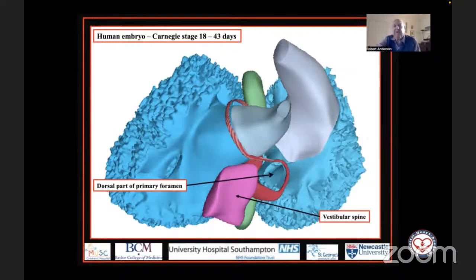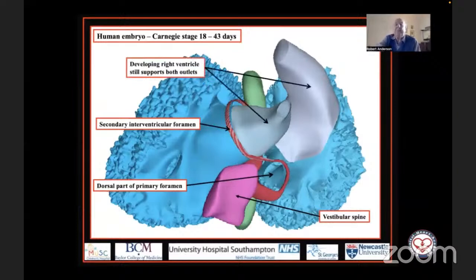It is marking the ventricular inlet. The remainder of the ring is surrounding the persisting part of that primary foramen which is now giving us the outlet for the developing left ventricle. Because at this stage, the left ventricle still does not have its own inlet. Both of the inlet components remain supported by the developing right ventricle.